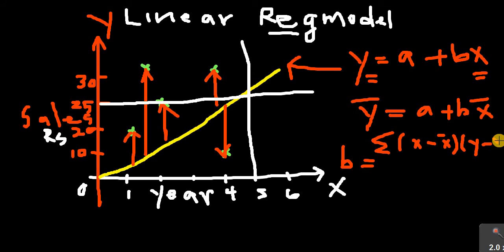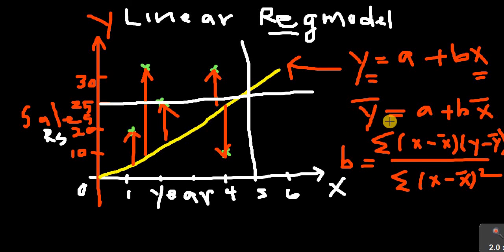We will do the problem, and at that time you will understand all these things. Divide by the summation of x minus x bar, the whole square. So we can find this.